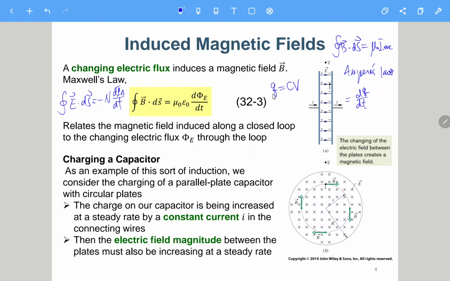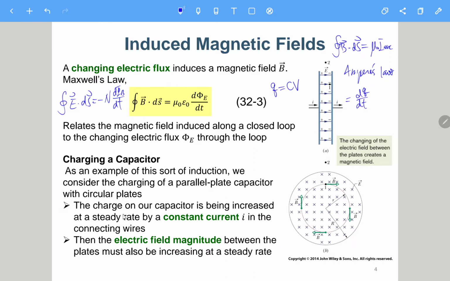So if Q is increasing, the voltage or potential difference between the two plates is also increasing, and the E field from the positive plate to the negative plate is also increasing. So when you consider the cross-section area, the electric flux is also increasing at a constant rate.